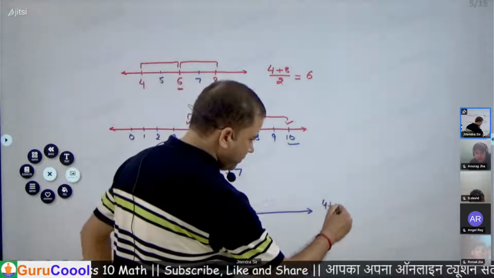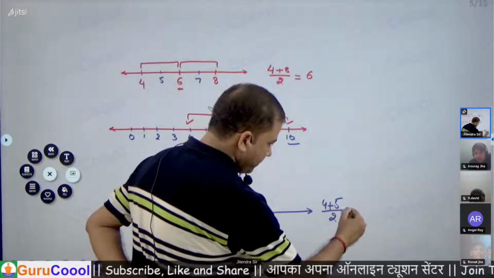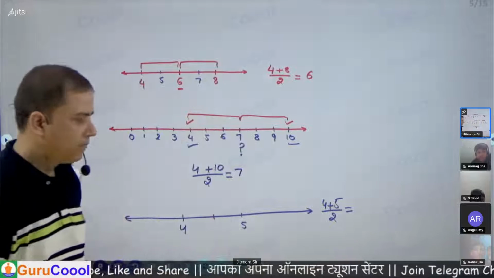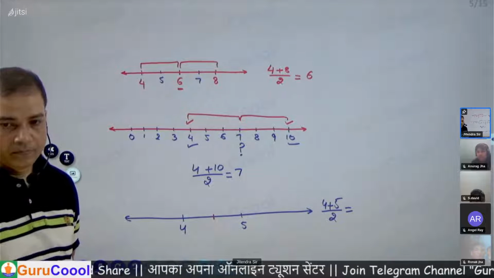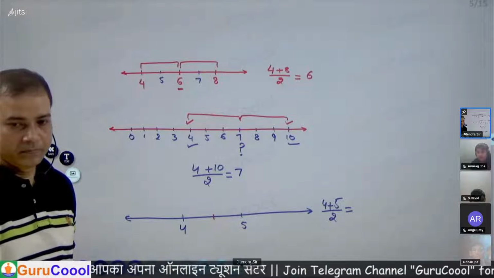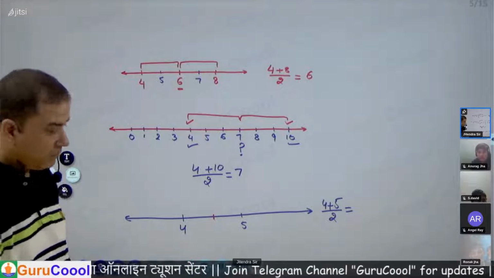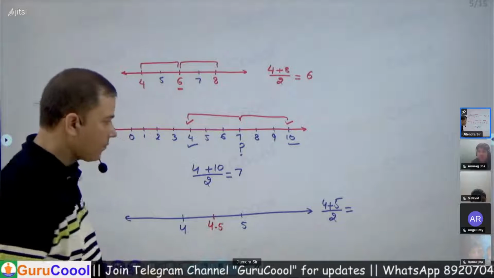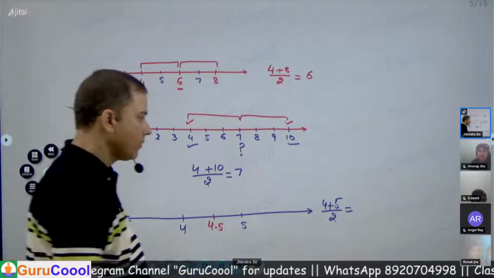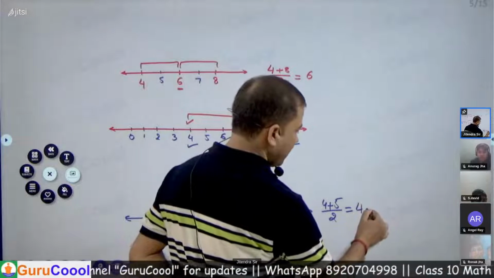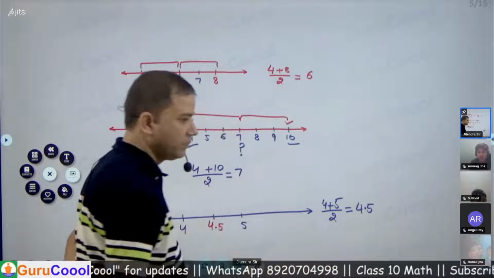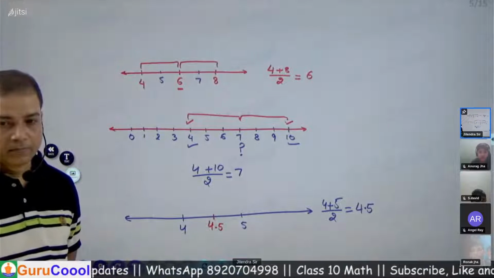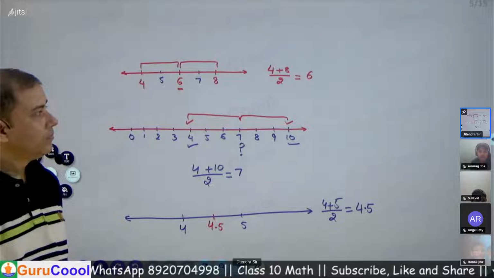What is that? 4.5. You got 4.5, the same number. Yes, sir. It means the method is working. Done.